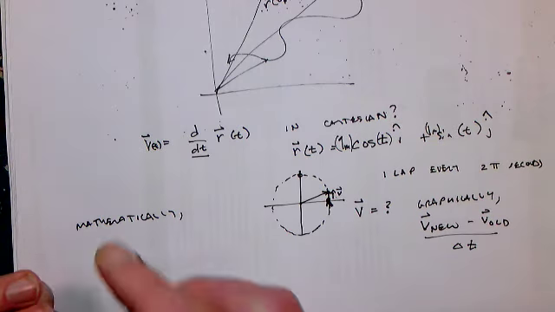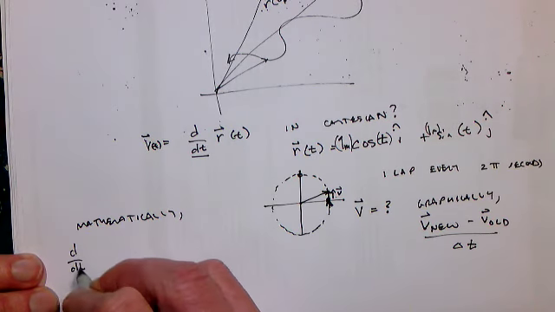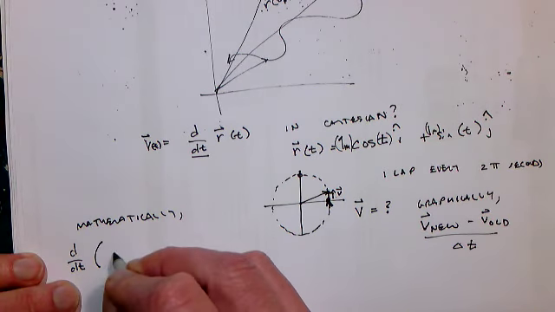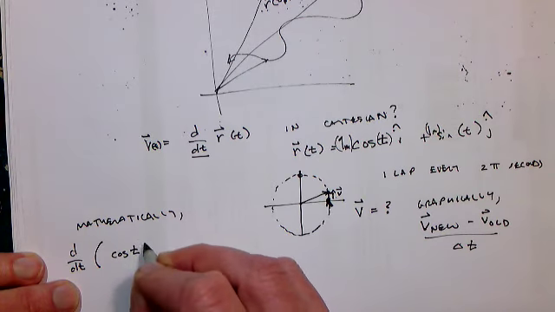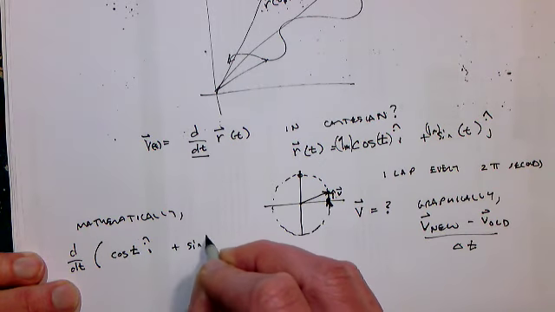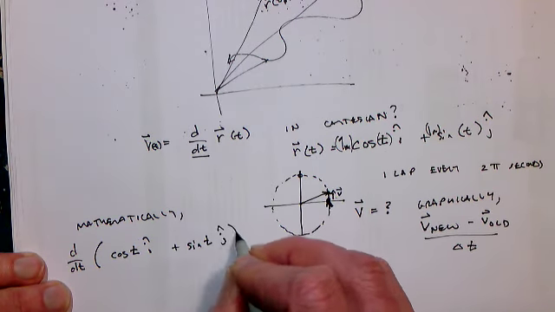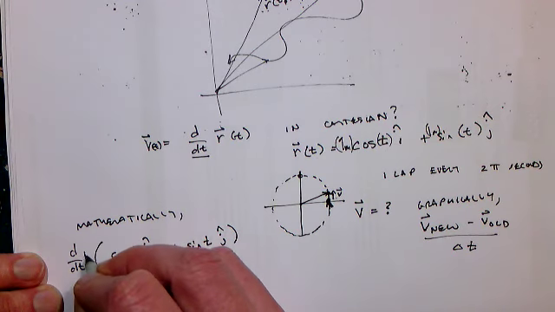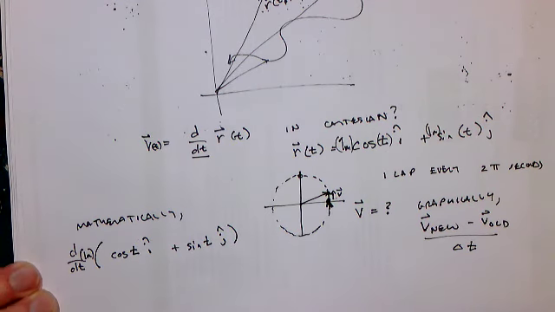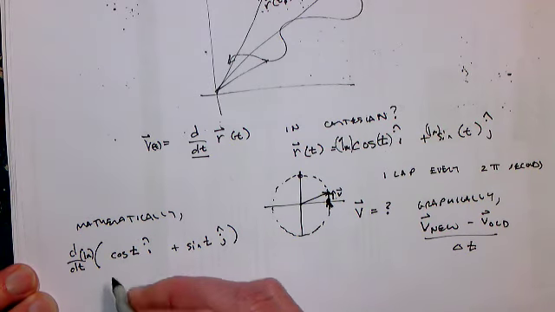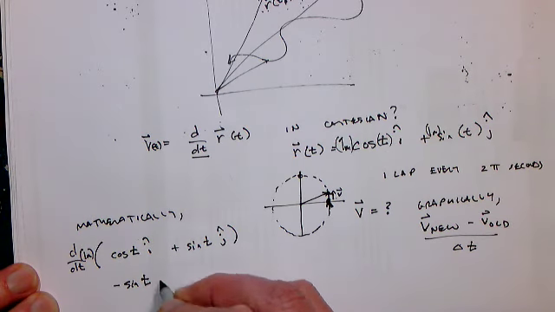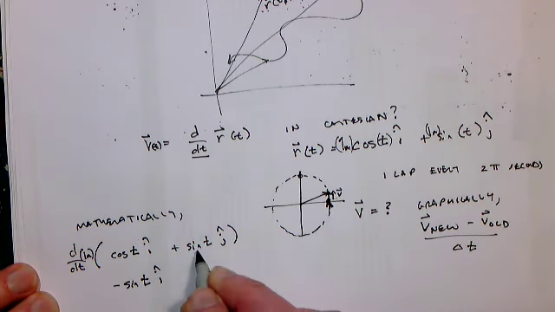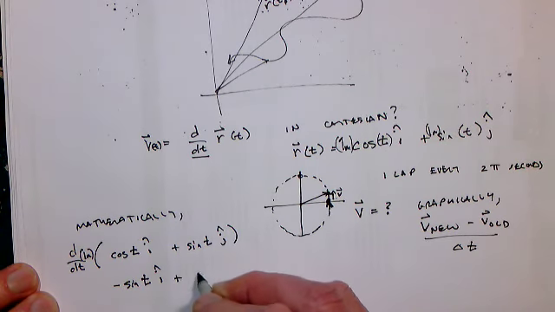We're going to take the derivative with respect to time of the function cosine t i hat plus sine t j hat, and then I've got a 1 meter out front. Well, the time derivative of cosine t is what? I believe it's negative sine. The time derivative of sine t is plus cosine.